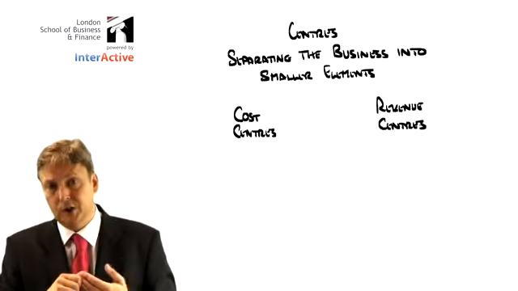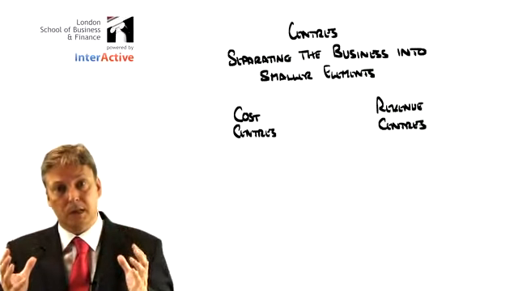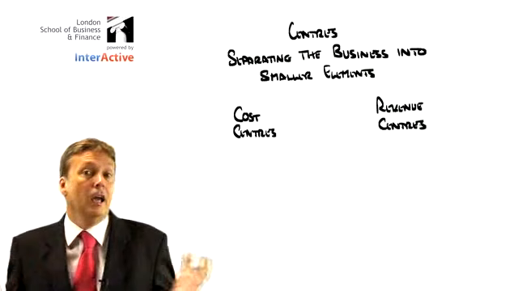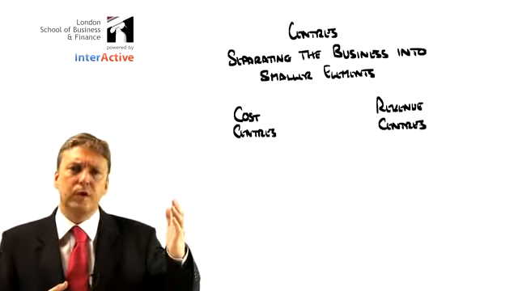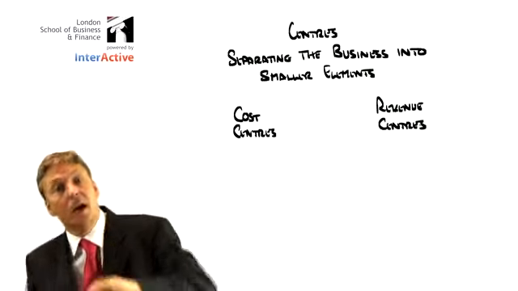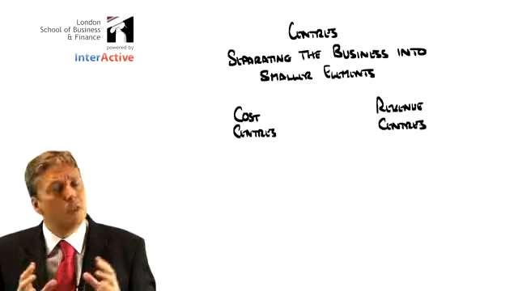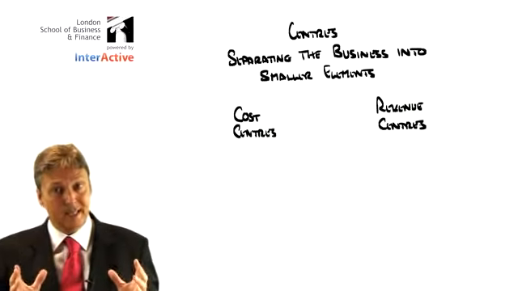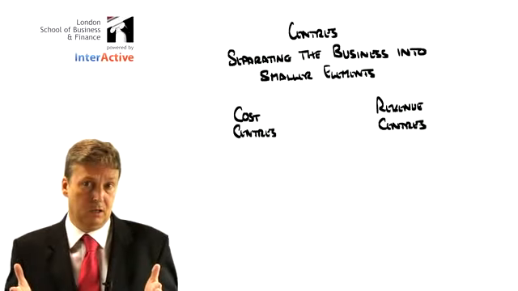It could be location. If the costs relate to a building, why don't you make that building a cost centre? It could be to do with a region. Maybe we could have a northwest region and a southeast region and separate the costs that way. The most common way that we see that costs are separated is into departments.